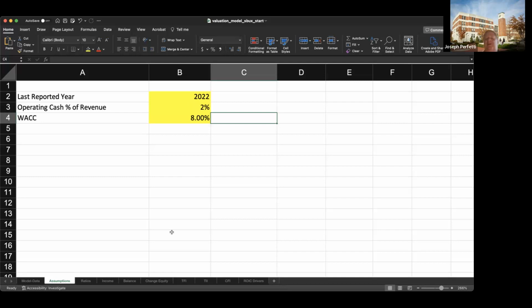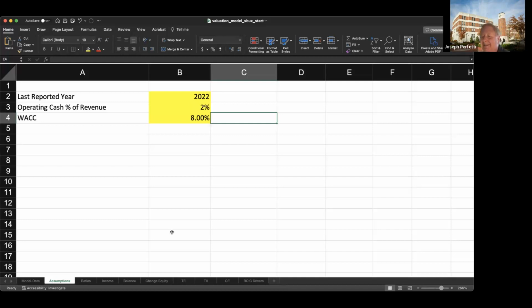Because when you reuse your model and your assumptions are scattered all over the place, you're either going to forget to change something, or you're not going to notice that something needs to be changed that's a carryover from Starbucks in your Lululemon data.